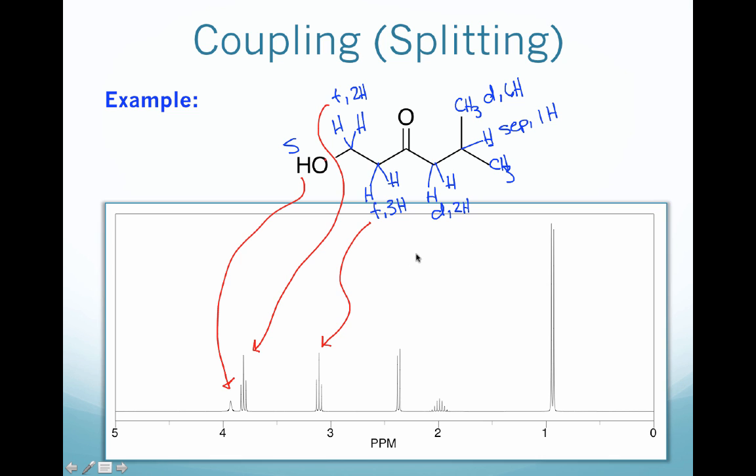Here we have this triplet. Now we have our doublet integrating for 2 hydrogen. Our septet integrating for 1 hydrogen. And then our doublet that corresponds to the 6 hydrogen in the 2 methyl groups.